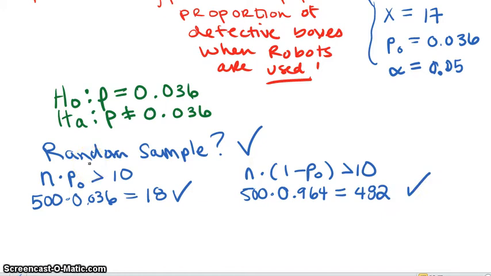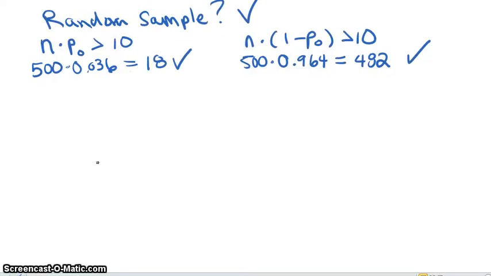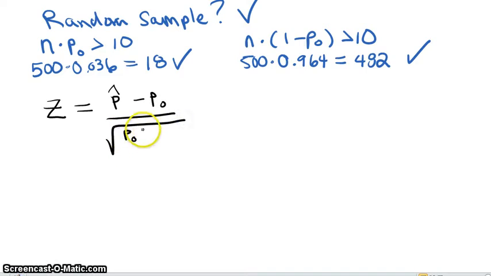Now that we have both of our conditions met for inference, we can calculate our z-test statistic. So remember, the test statistic is just the vehicle to get to the p-value. So first, if I calculate z, this is for a proportion. So my formula is p hat minus p naught, all divided by the square root of p naught times 1 minus p naught over n.